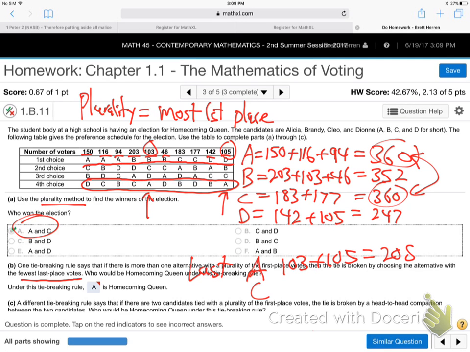Is that 208? 208 people think A is the worst, right? Put A last. How many put C last? How many think C is the worst? Those 116. Those 203. And that's it, huh?